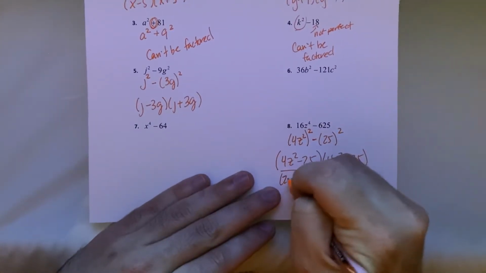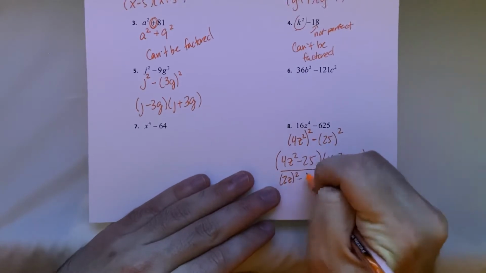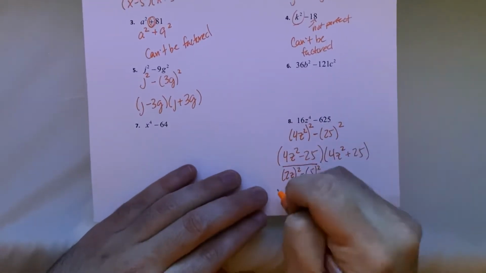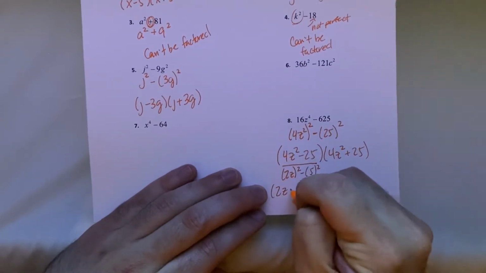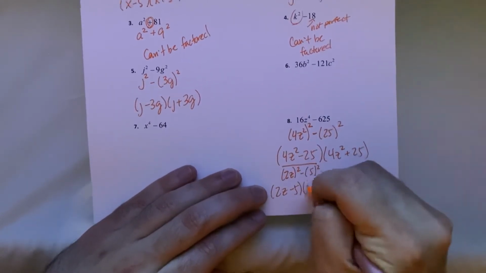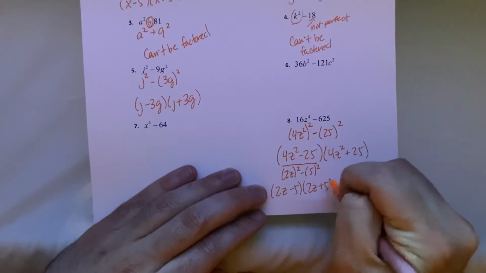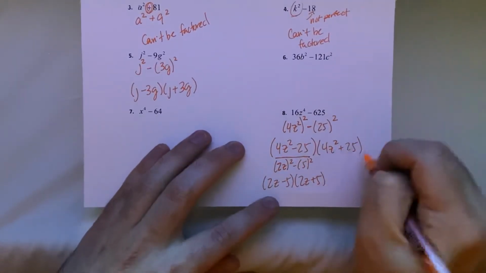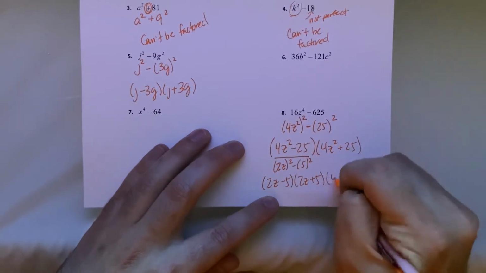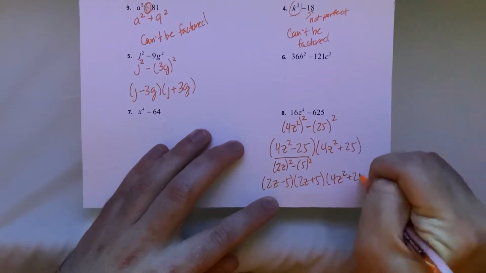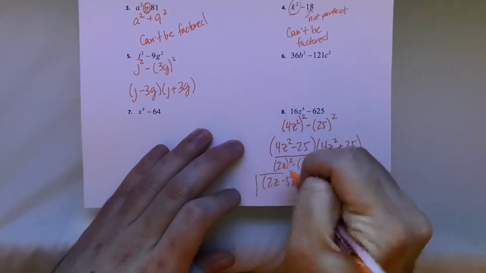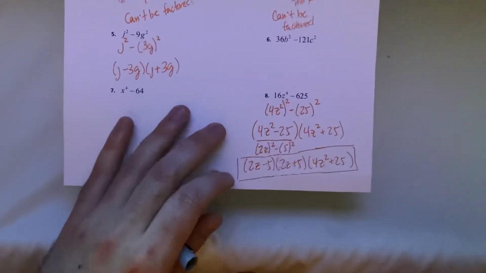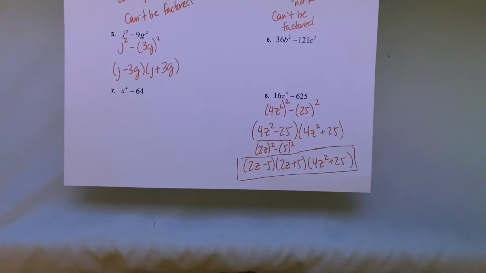This is 2z squared minus 5 squared. So this factors again into 2z minus 5 times 2z plus 5. 2's and z's in the same problem is a poor choice, but that's okay. This one has a positive in the middle, so it can't factor again. Times 4z squared plus 25. So sometimes you can factor once by difference of squares, and one of your terms will factor again by difference of squares.